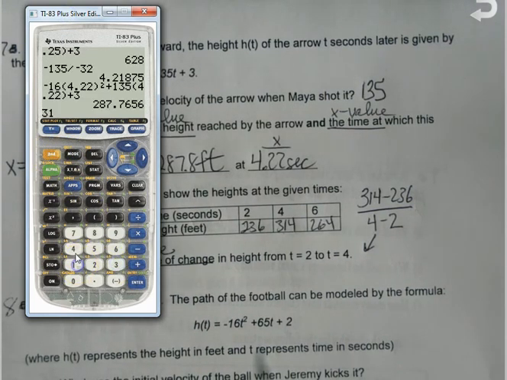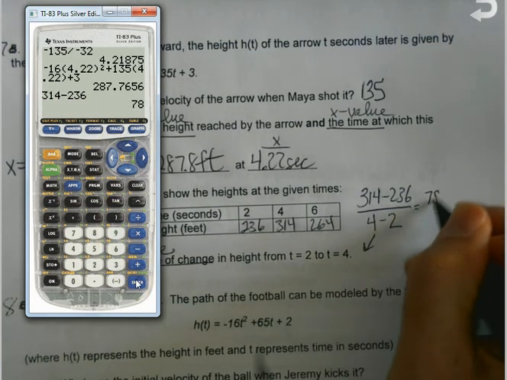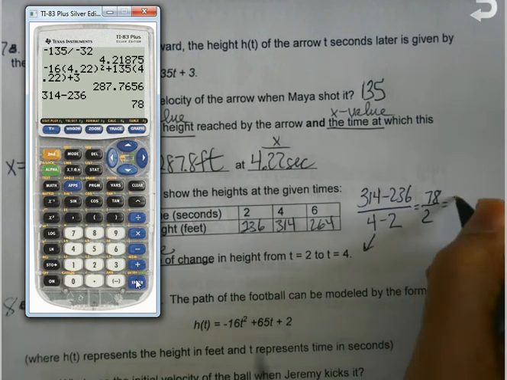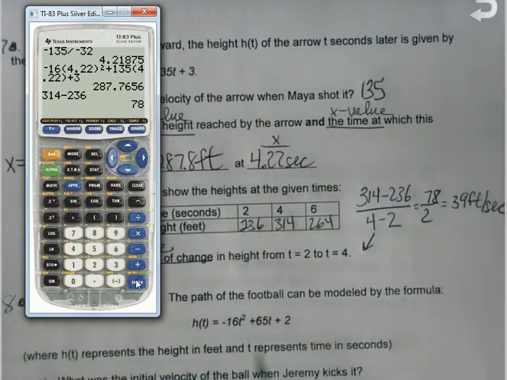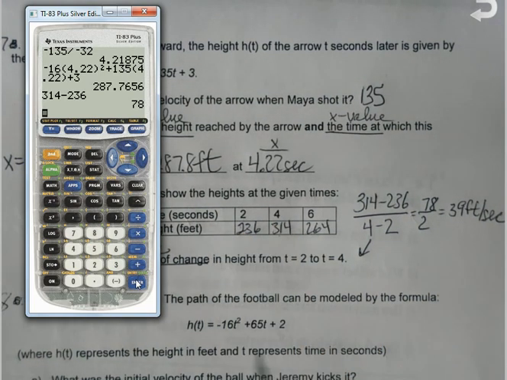So 314 minus 236. Whoa, not 230 times, no. 78 over 2, or 39 feet per second. Again, let the calculator do all the work on this, and then I just got to remember, oh, it's like slope. It's y over x. It's rise over run. And then get my answers.